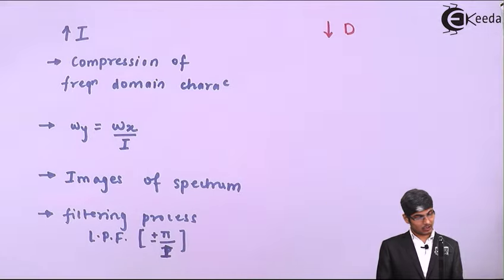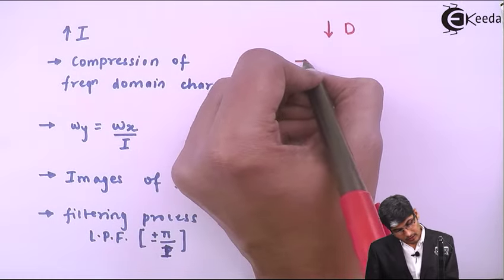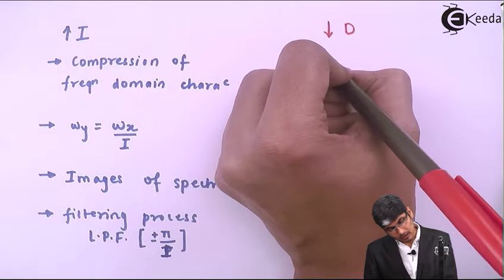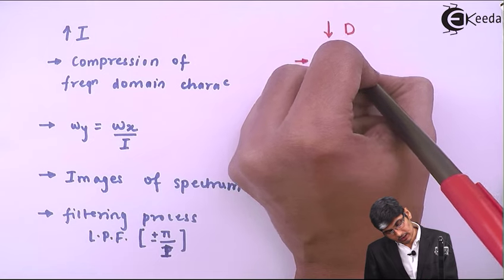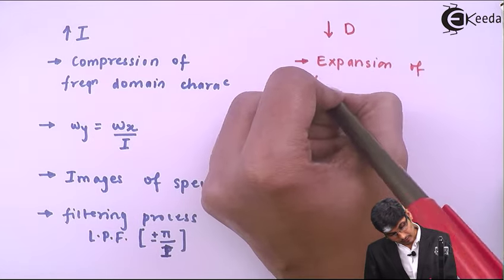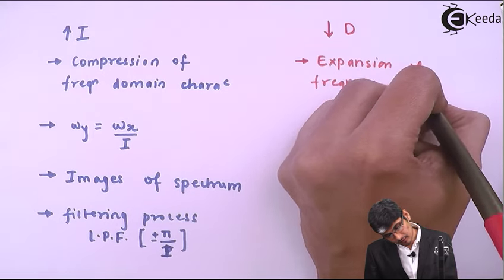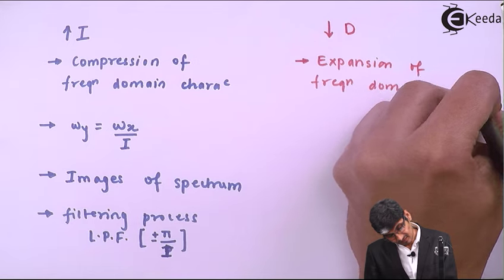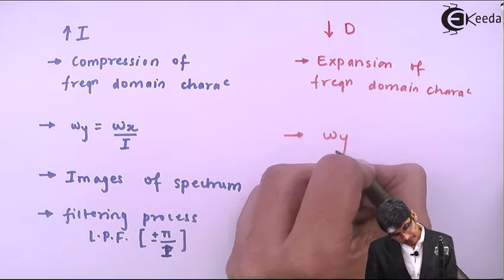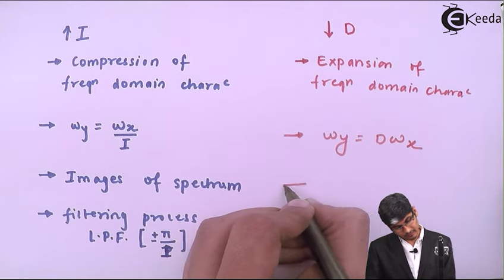Similarly, if I jot down the points for a downsampler with a factor of D, there will be expansion instead of compression. Then omega y is equal to D times omega x.